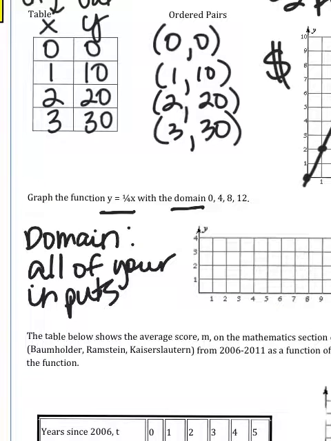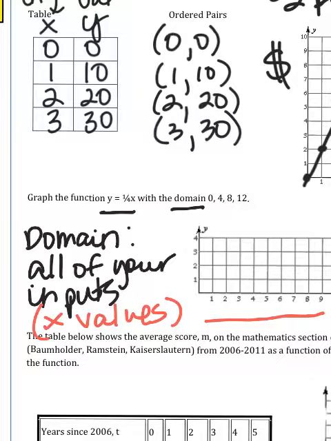Okay? And those are always going to go along this horizontal axis right here. Okay? Typically, they're your x values. Okay? They're not always going to be x, but something that says what you're putting in the machine.